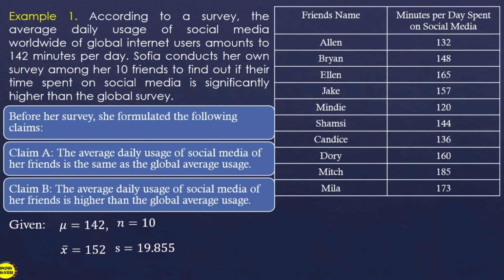There, what you do is subtract each value from the computed sample mean, then square it, until you reach 173. Then divide it by 9, because it is n minus 1. If you want to go back to it, you can watch how to compute the sample mean, sample variance, and sample standard deviation.